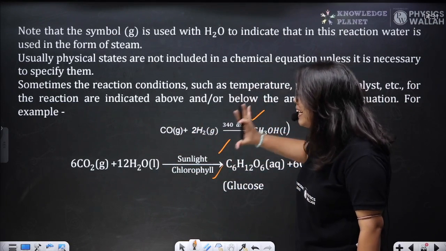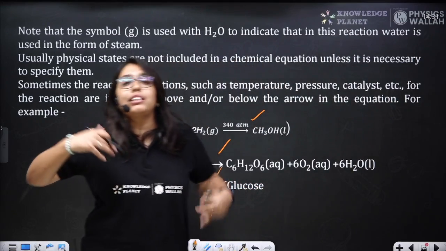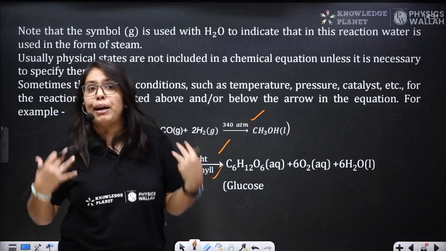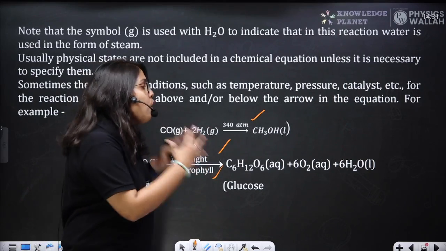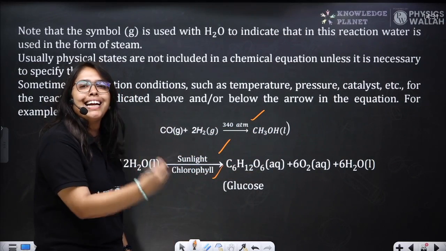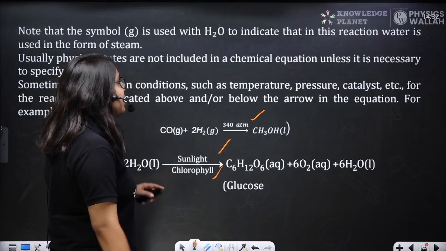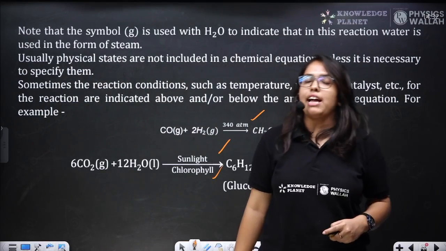It gives a complete picture. How many atoms are interacting, what state it has, is there a pressure requirement, temperature requirement, catalyst requirement. All of this is then given in a given equation, and this is a completely balanced equation which gives us all the information of the given reactions.